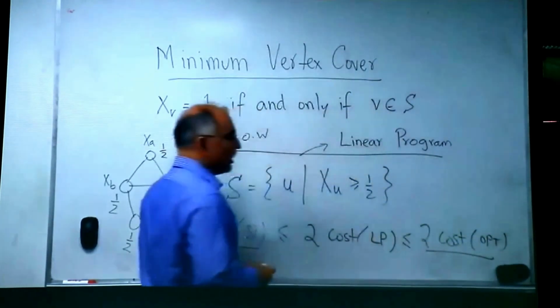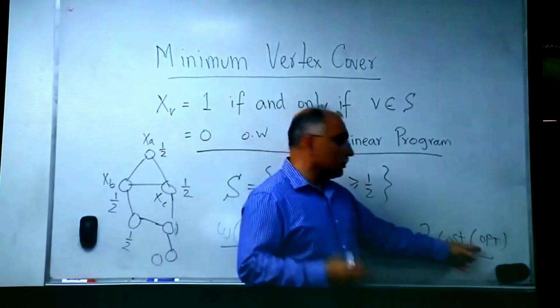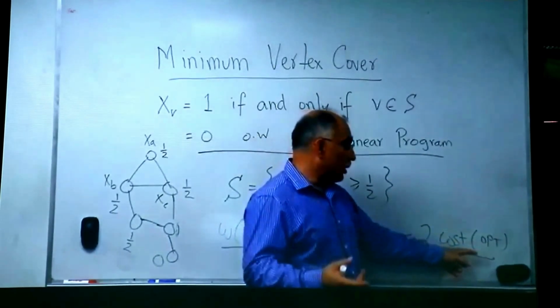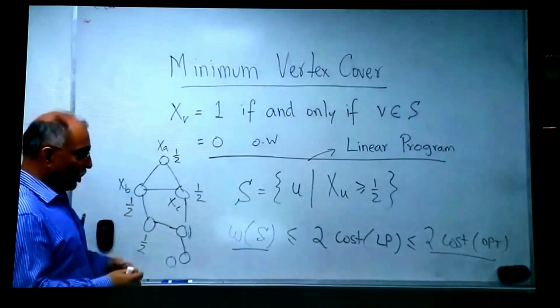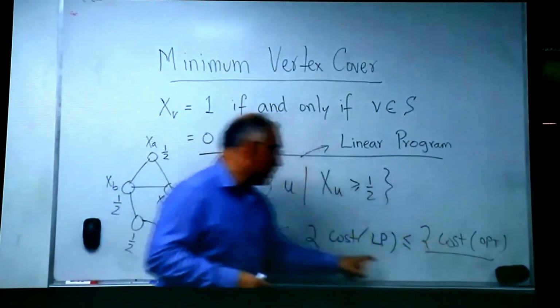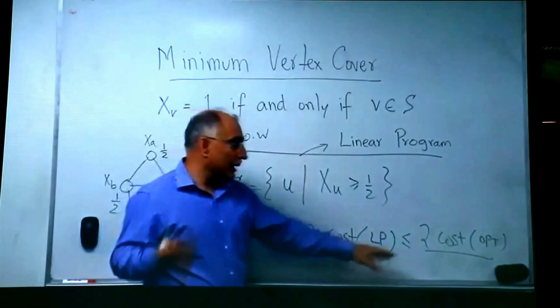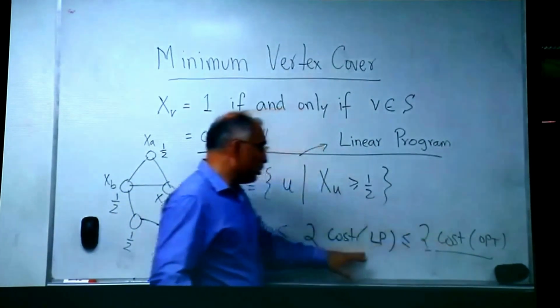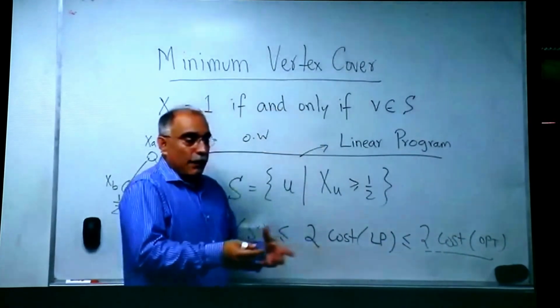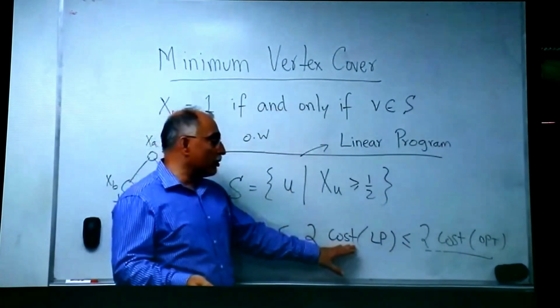That's also easy to see because the optimum vertex cover solution, the cost of opt, is in fact an integer solution and is a feasible solution for this linear program. It just has values that are only 0 and 1, but it is a feasible solution for this linear program. Now this linear program is allowing other kinds of solutions as well.